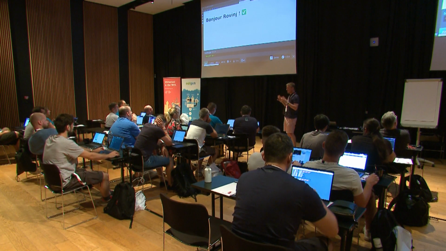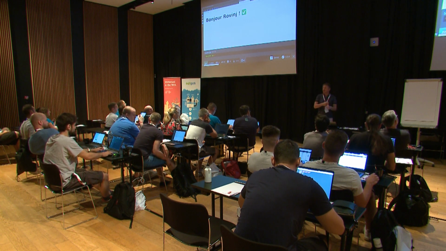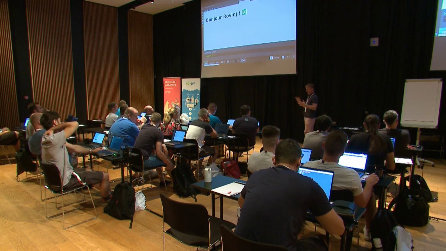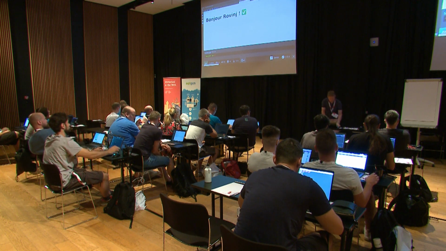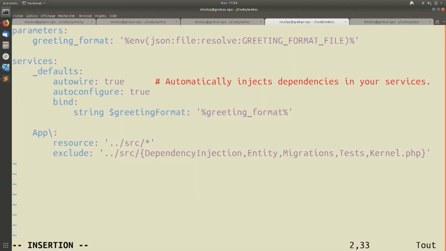There are many processors now. We added more recently one to JSON decode the content of the file, which means that if my file is JSON encoded, I can do that and JSON decode the content. Now maybe the JSON decoded content is an array and I need a specific key in the array. So then I can do that.